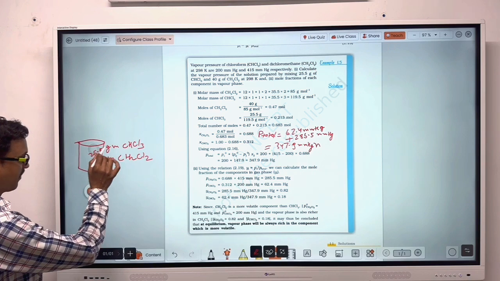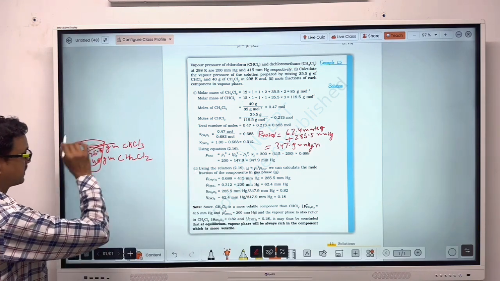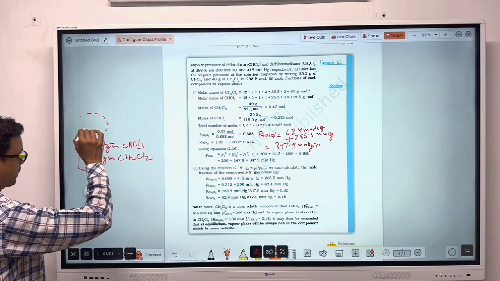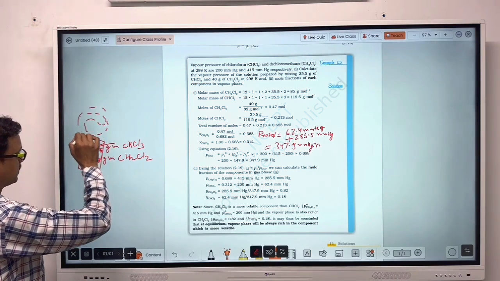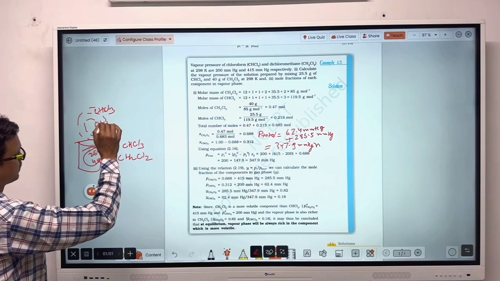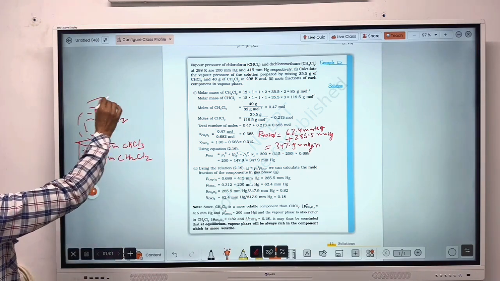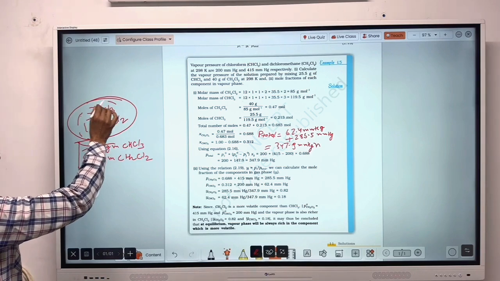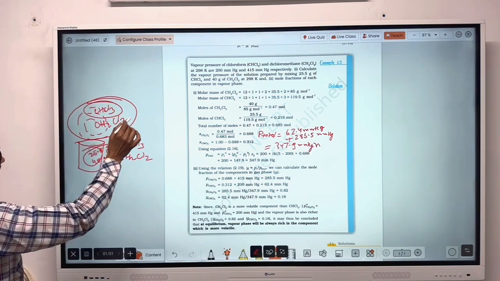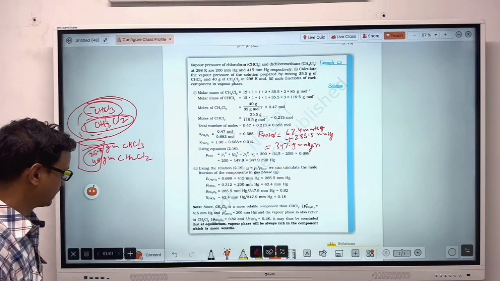The question is asking, the mole fraction inside this solution we have calculated. But here it is vapor, in the vapor phase there will be some particles of chloroform and some particles of dichloromethane, and it is asking what will be the mole fraction of this chloroform and that of this dichloromethane. P total we have calculated.